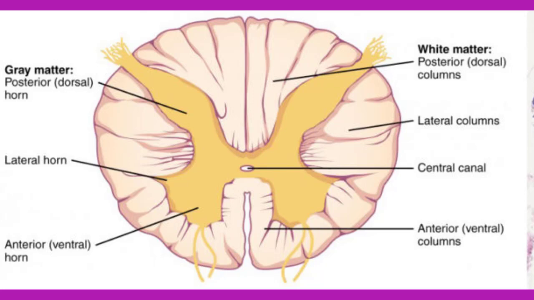Some of the largest neurons of the spinal cord are the multipolar motor neurons in the anterior horn. The fibers that cause contraction of the skeletal muscles are the axons of these neurons. The motor neuron that causes contraction of the big toe, for example, is located in the sacral spinal cord.